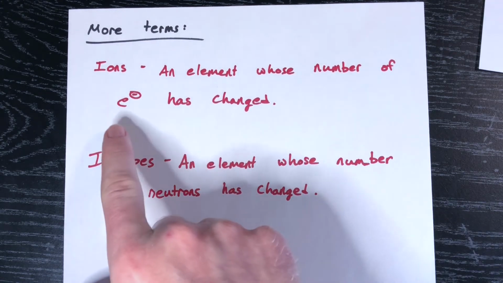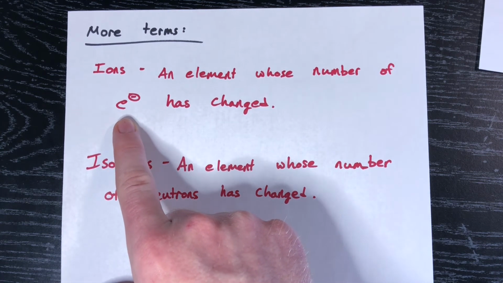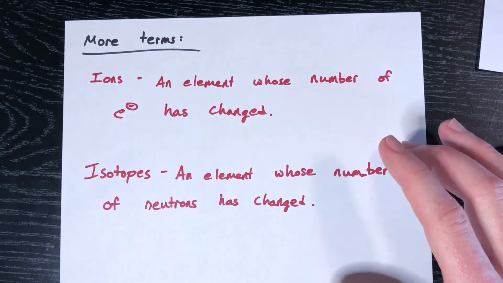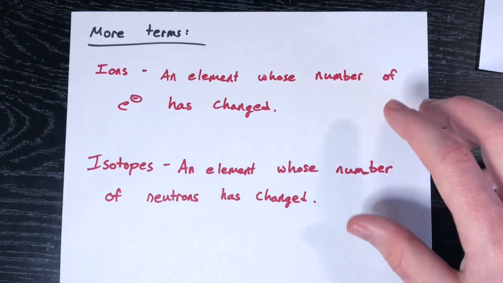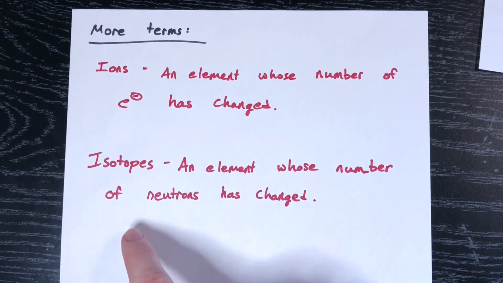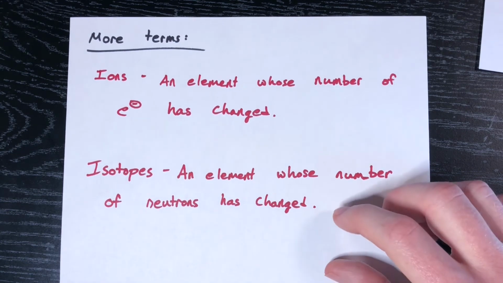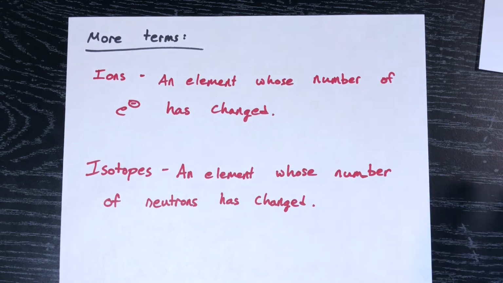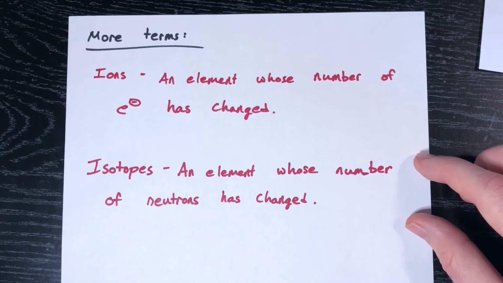But if you do the same situation with electrons and add or remove an electron, then it is still that element, but you have changed the total number of charged species in the atom, which we'll illustrate here, what that kind of looks like. Then isotopes are the other version where if you change the number of neutrons, that will change the mass number, but again, the proton number cannot change. Only the neutrons or electrons can change, and it is still the same element.